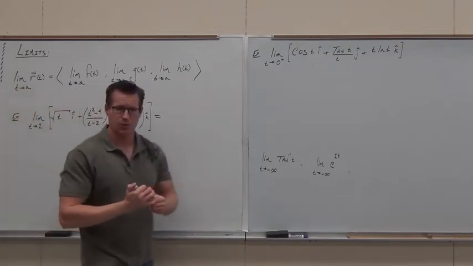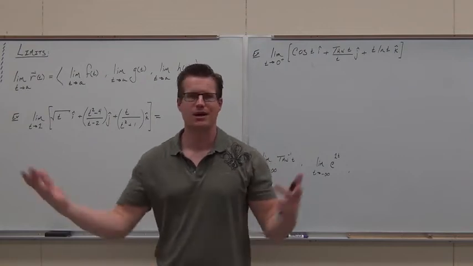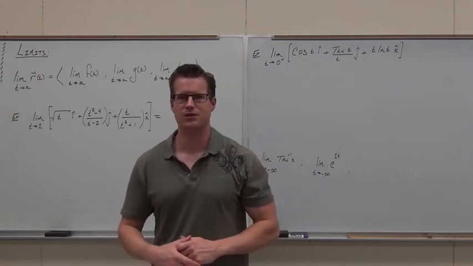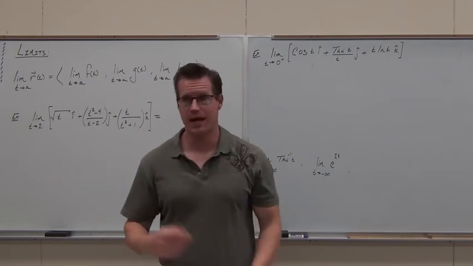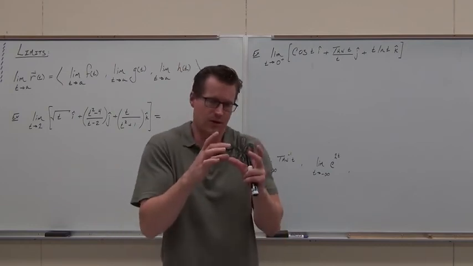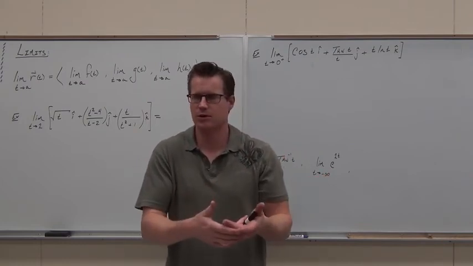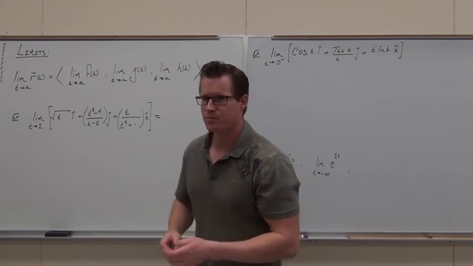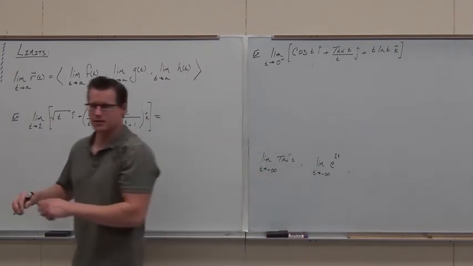And if you were in my Calc 1 or Calc 2 class, you know the very first thing you do with limits every single time is plug the number in. That's the first thing you do, because dealing with continuity, if it's continuous, the limit has to exist, and the value of the limit has to be the value of the function. So if we have something that's continuous, plug the number in. It works every time. The only place it doesn't work is when we're not continuous, and then you have some other tricks, things that you do.